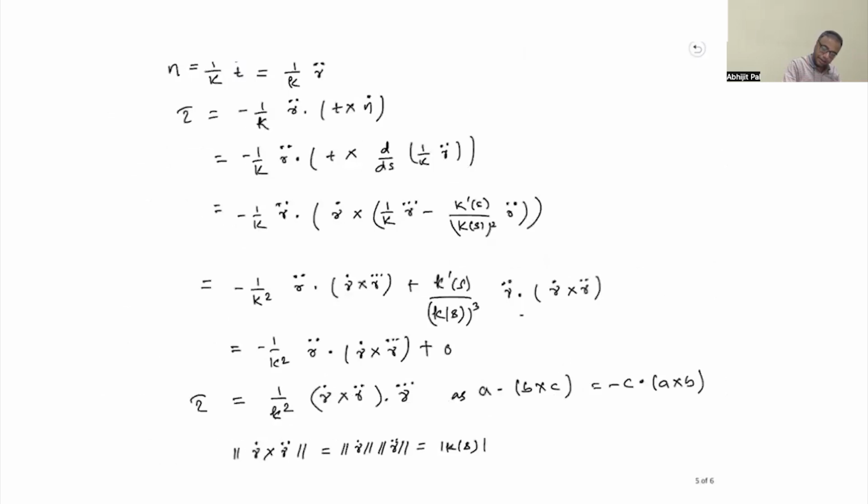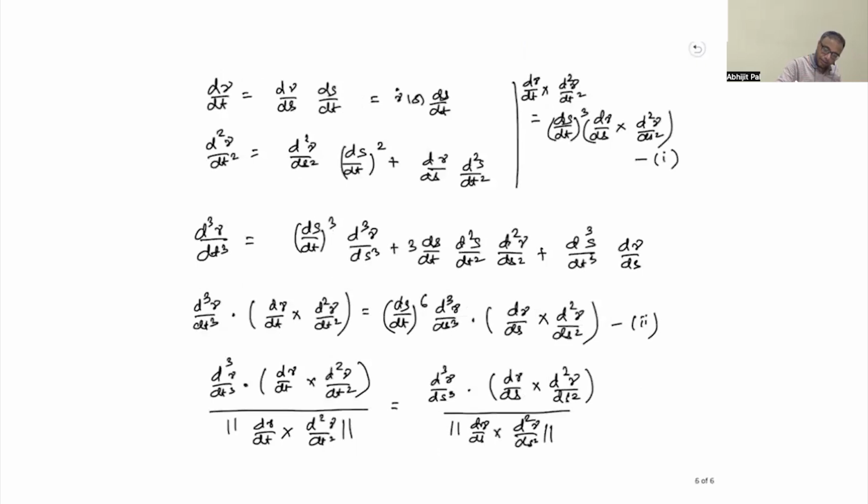So from these two equations, which follow from 1 and 2, and from the earlier equations, we know that this torsion is equal to this thing.